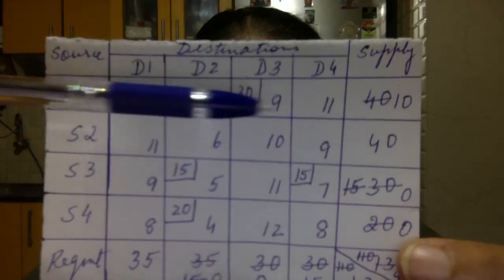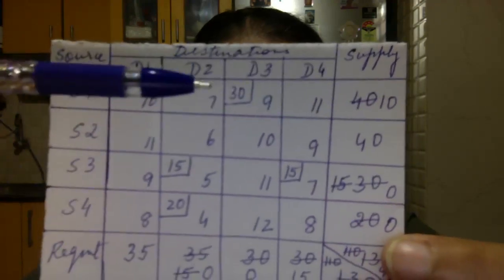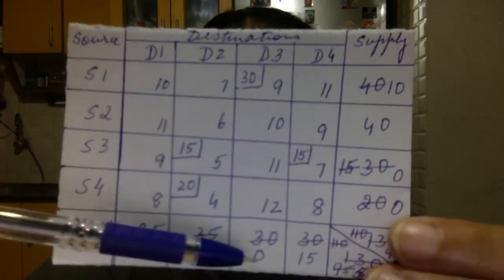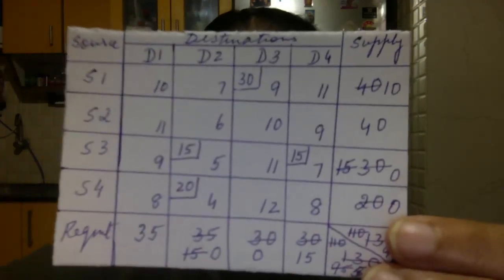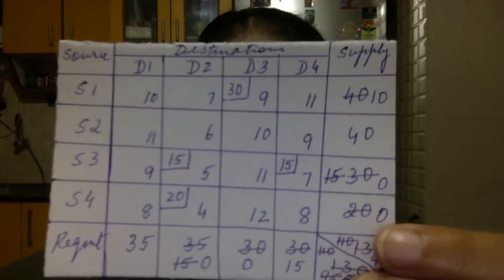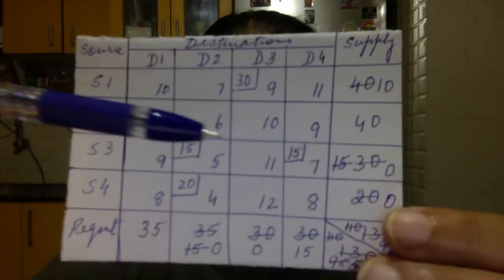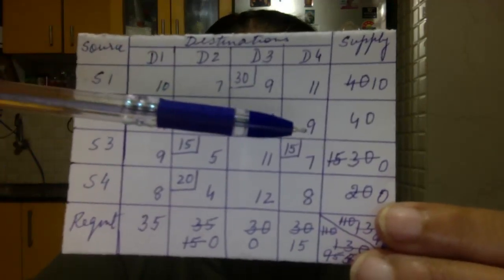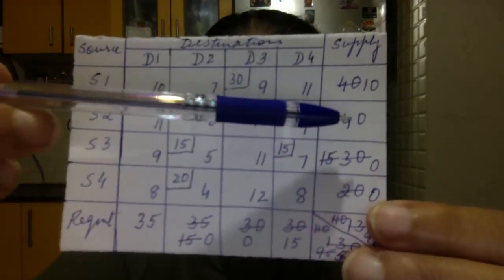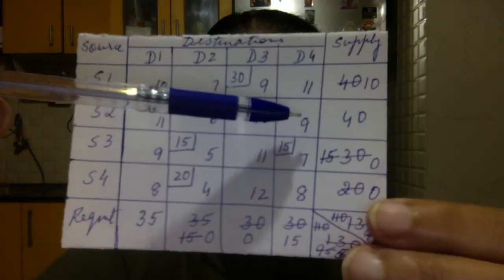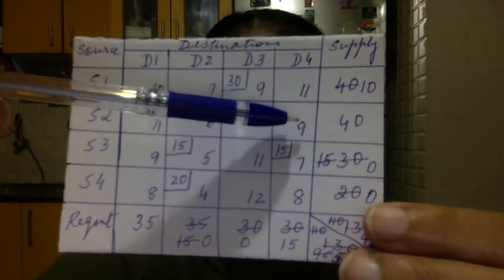So I have done 4 things here. I have allocated 30 here. 40 became 10. 30 became 0. And here it is 50. So I have 1, 2, 3, 4 allotments. Next, the next least is 9. We can, because there is 15 here and 40 supply. So here S2D4 is my next allocation, 15 units.